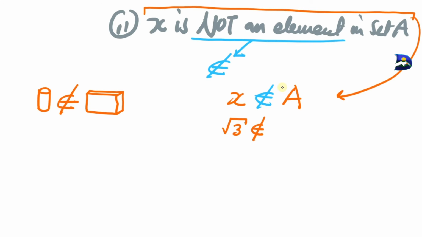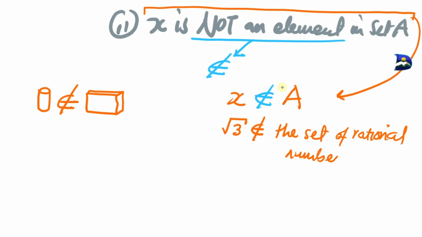From what we can gather here, it is not a rational number. Therefore, the square root of 3 is not an element of the set of rational numbers.